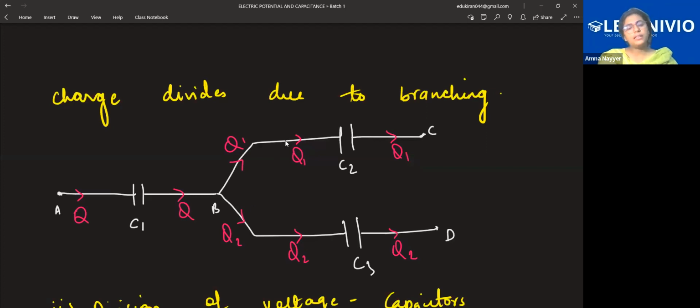Now see, Q1 in the same branch is moving, so it is still Q1. Capacitor came, it is still Q1. Regarding the second one, when the charge came, this became Q2. And when this capacitor C3 came, it again became Q2. So only the charges have divided here where branching is present. This is one thing which you have to remember.